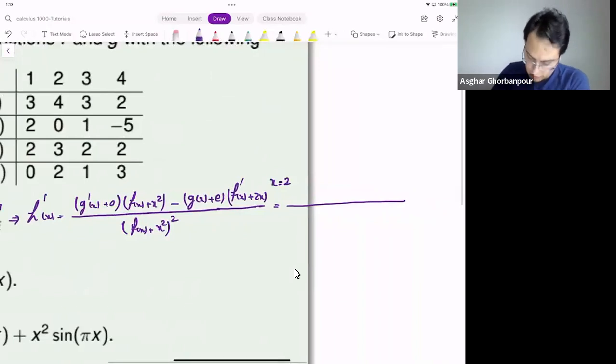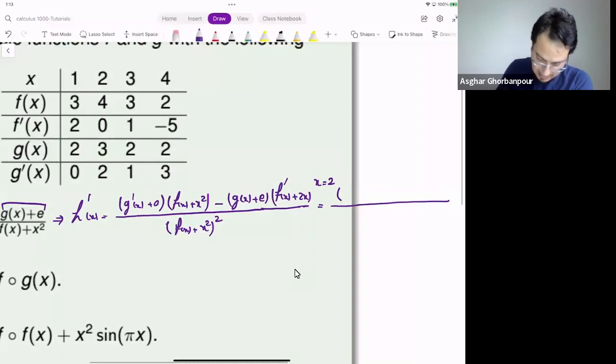So at 2, this is g prime of 2. What is g prime at 2?